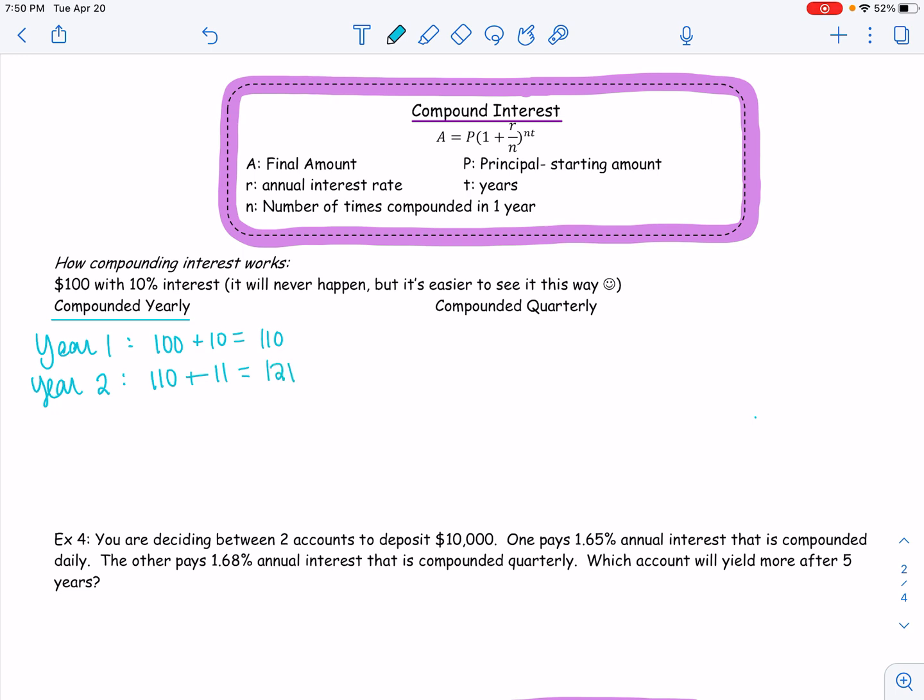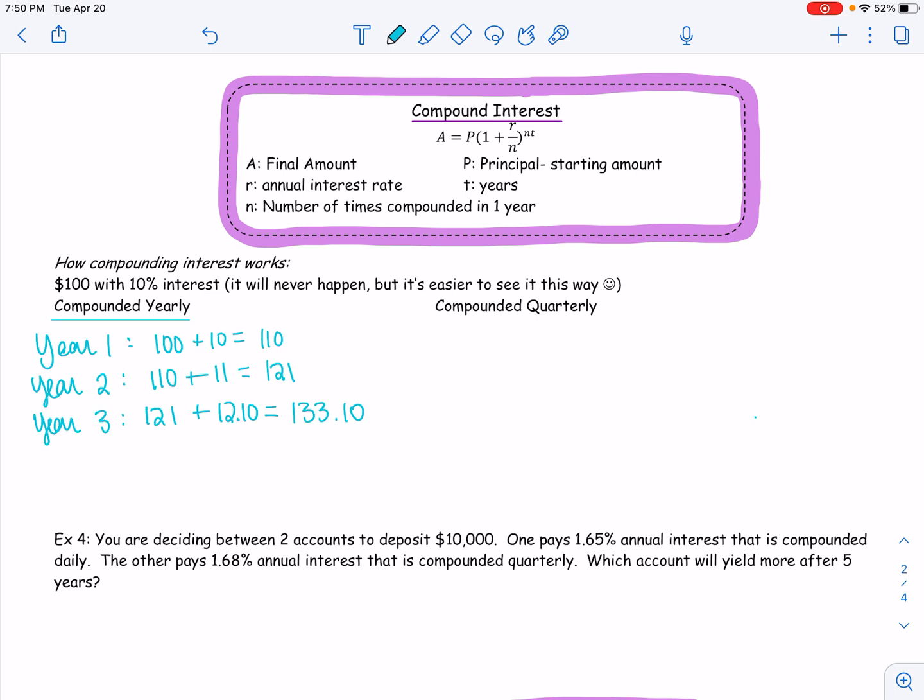And if I do it for year 3, my starting amount in year 3 would be the 121 plus 10% of 121, which would be $12.10, making my total at the end of year 3 $133.10. And you could keep going and going and get this same process. That's compounded yearly.